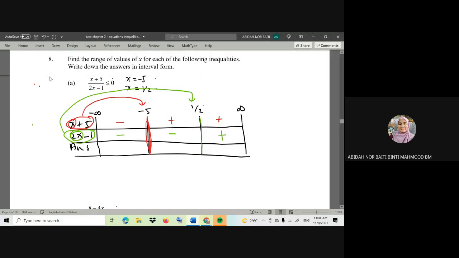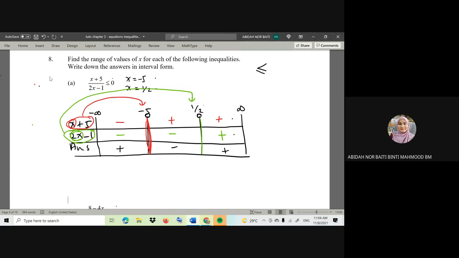Then we can multiply: positive times positive is positive, negative, and positive. At these 2 points, we use empty circle first, and then we determine its sign. Its sign is less equal.